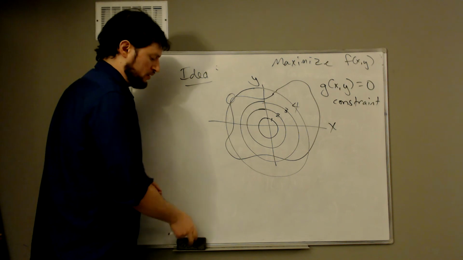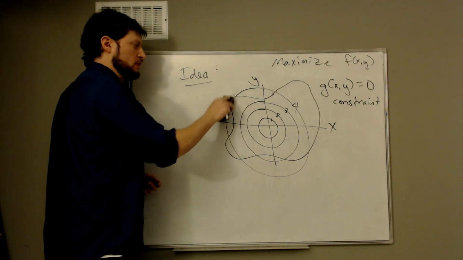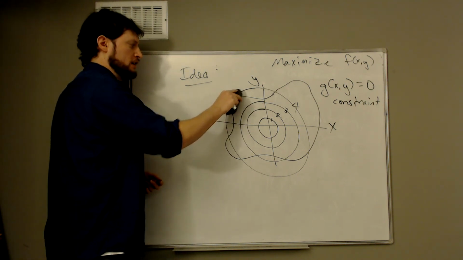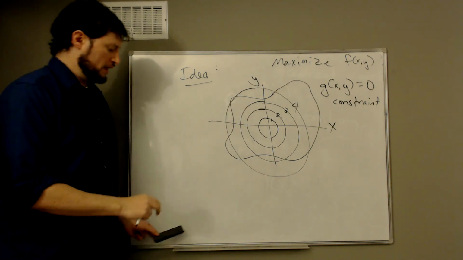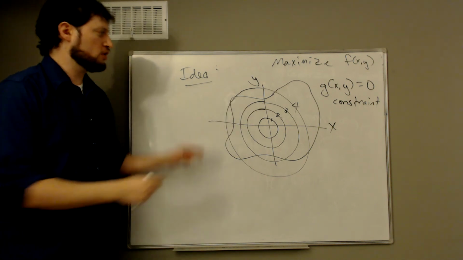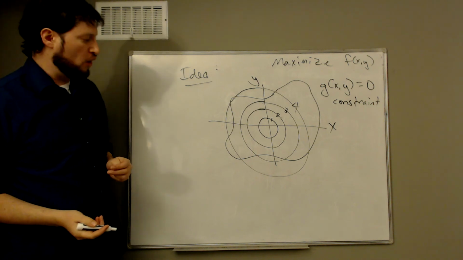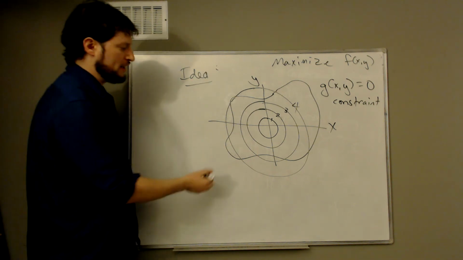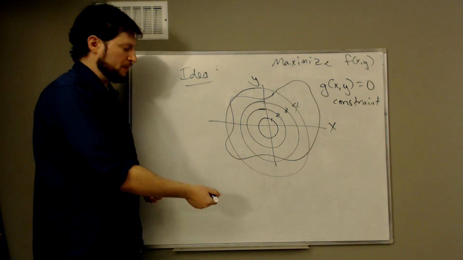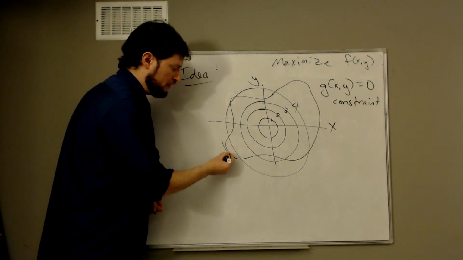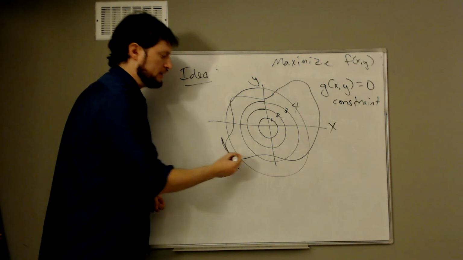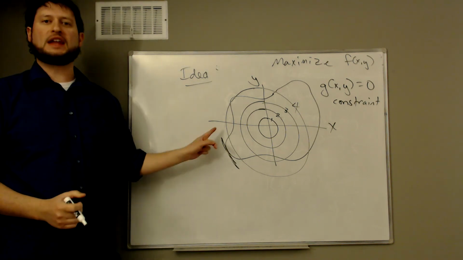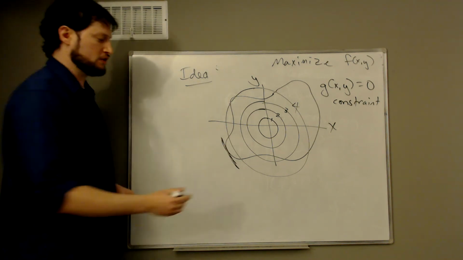So the real idea with Lagrange multipliers is that I'm looking to push my level curves out as far as possible and no further. And if I want them to be no further, then really what I want is for my level curves to be tangent to the constraint curve.